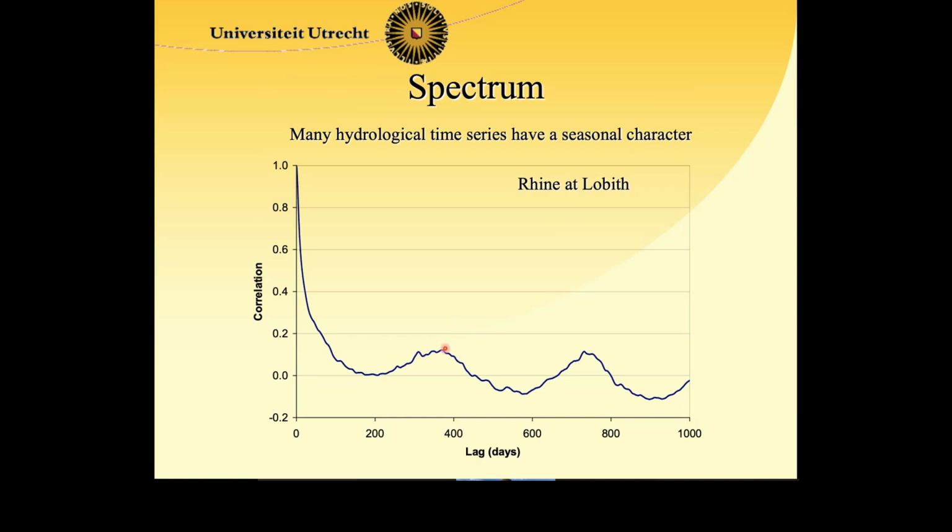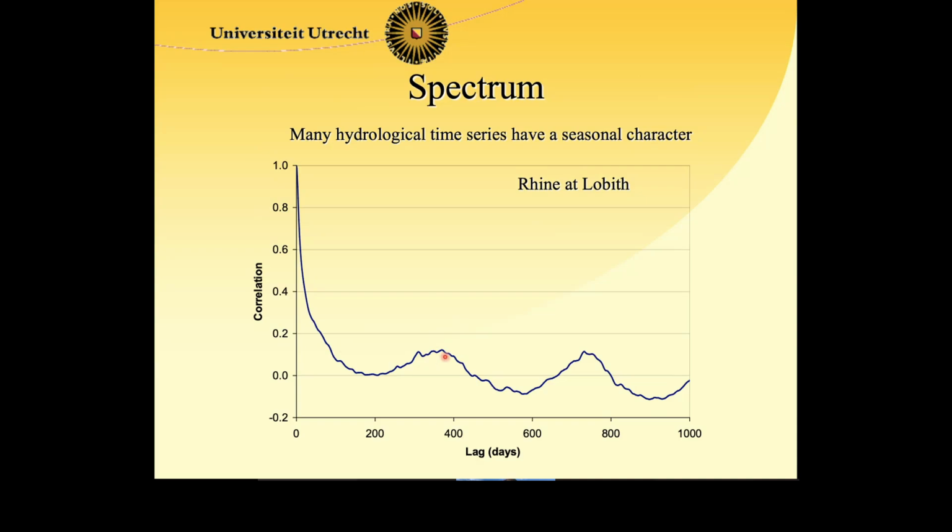But then it goes up again, and then it becomes even negative later on. How is that? We see these peaks at 365 days, 730 days, and so on.